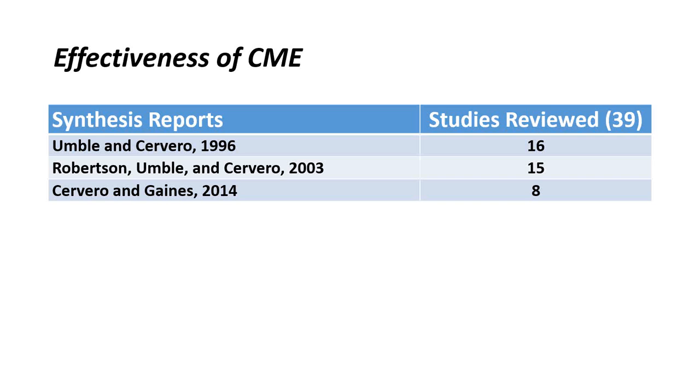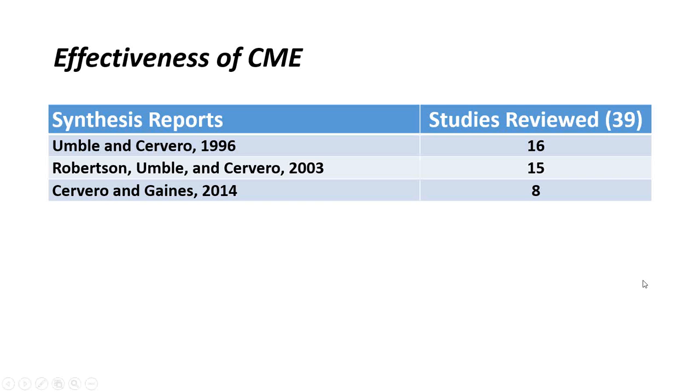The slide on the screen now shows you what the evidence base is: there were 39 articles or systematic reviews that have been published since 1977 that sought to understand the link between continuing education and the performance of health professionals.